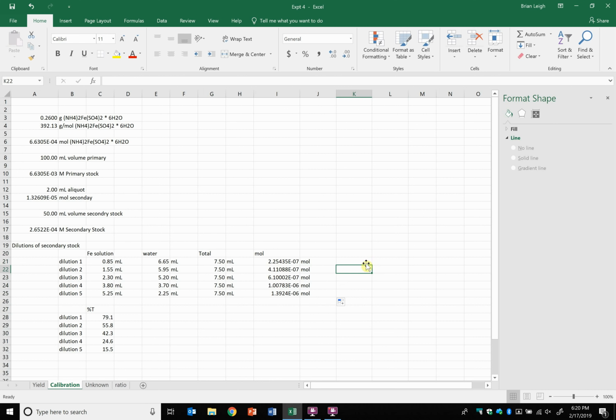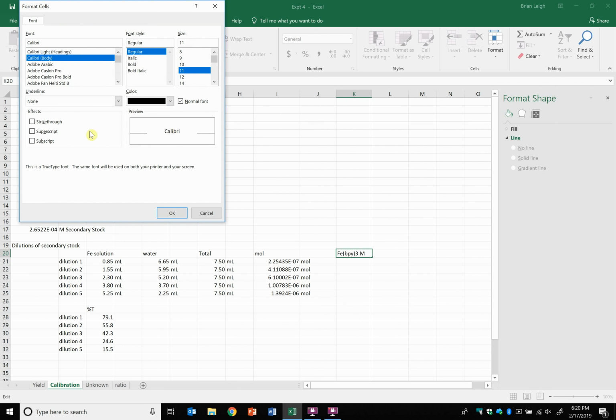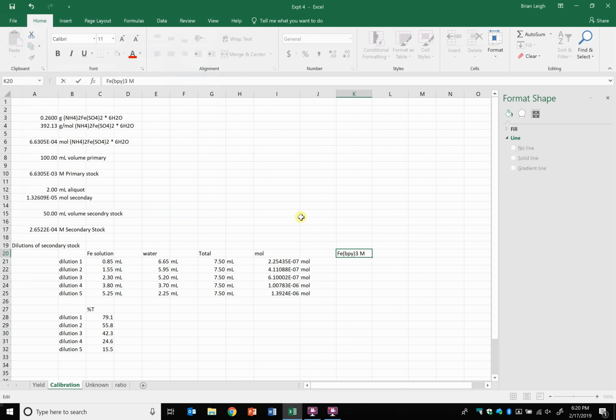And then, of course, we're going to want to know the molarity or the concentration of the iron bipy in those. So we want to know the concentration of the iron bipy, and that concentration, once again, is simply the number of moles divided by the total volume, which we have to make into liters.